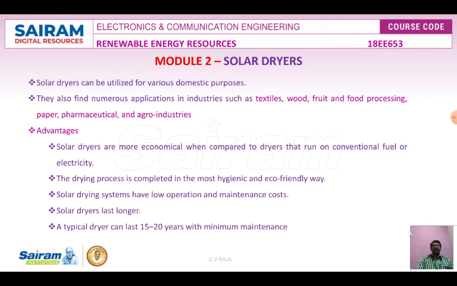The advantage of solar dryers is that they are more economical when compared to the conventional system, because the conventional system requires either fossil fuels or some kind of electricity.